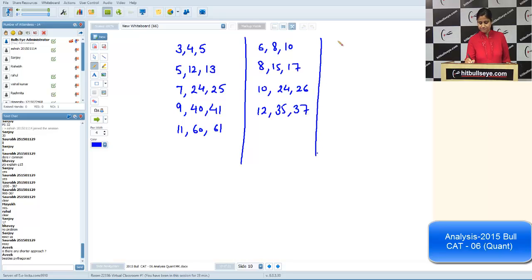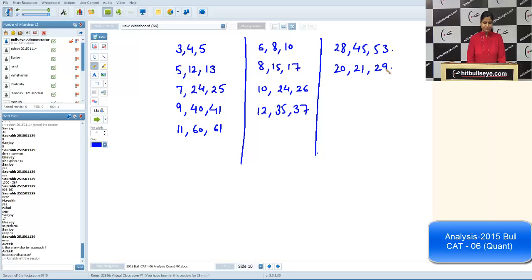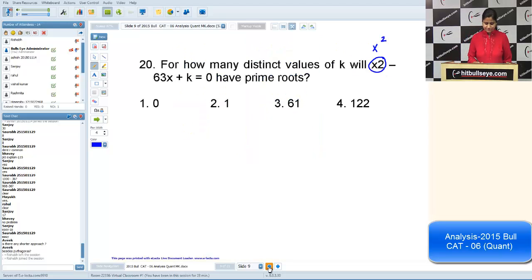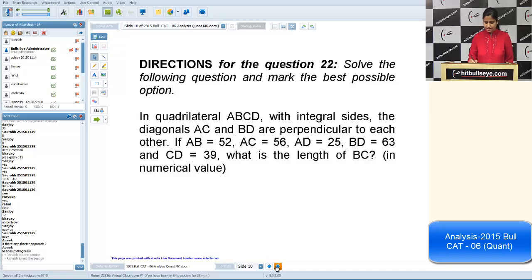And besides, 28, 45, 53. If you remember these many Pythagorean triplets, I think you can crack any question based on Pythagoras theorem. So let us see the question. It was a quadrilateral ABCD with integral sides, the diagonals AC and BD are perpendicular to each other.